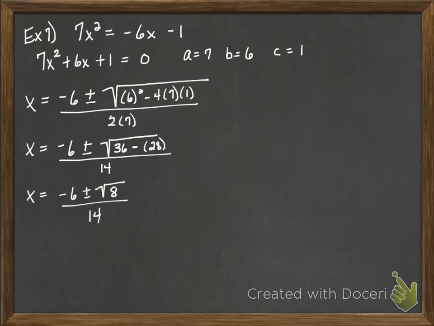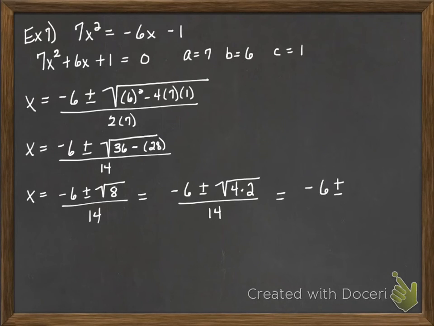So you're going to have to simplify the square root of 8 by finding a factor of 8 that is a perfect square. What's the largest factor of 8 that is a perfect square? 4. So you're going to rewrite 8 as 4 times 2. Then in your next step, you're going to take the square root of the 4.